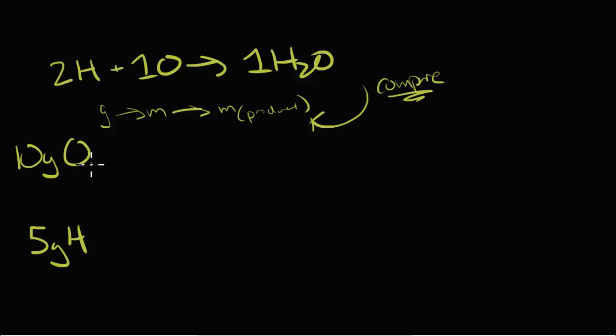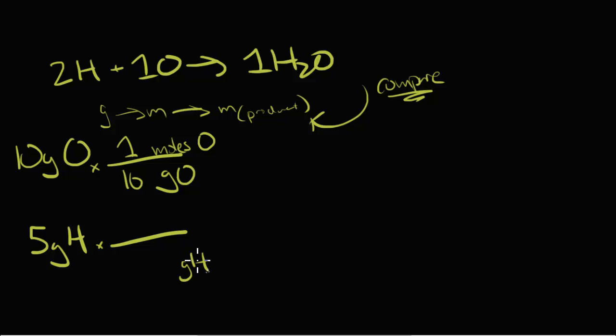So same thing as last time. I want to first turn this from grams to moles. So I know 10 grams of oxygen. I want to cancel out grams, put grams of oxygen on the bottom, moles of oxygen on the top, right? Oxygen weighs 16 grams per 1 mole. I'm going to do the same thing for hydrogen, grams of hydrogen to moles of hydrogen. I know hydrogen weighs 1 gram per 1 mole, right?